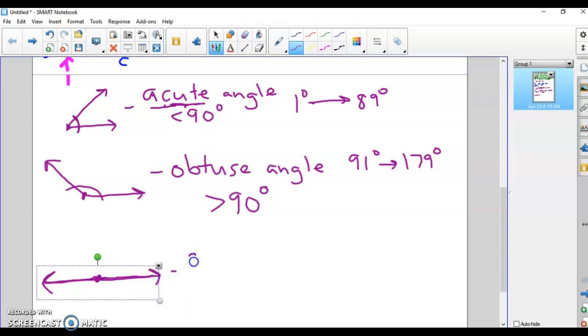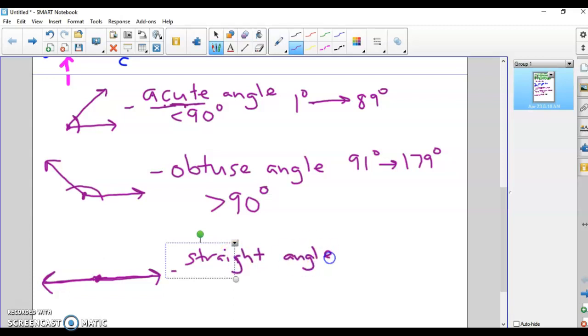So this is going to be a straight angle, and this is 180 degrees. And it's two rays formed going in opposite directions infinitely.